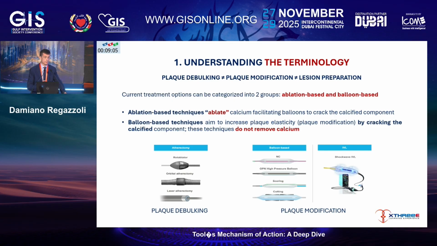Plaque debulking means that you are taking away something, obviously calcium. The term refers to atherectomy devices. We now have rota, orbital, and laser, and the three of them remove a little bit or a lot of calcium.